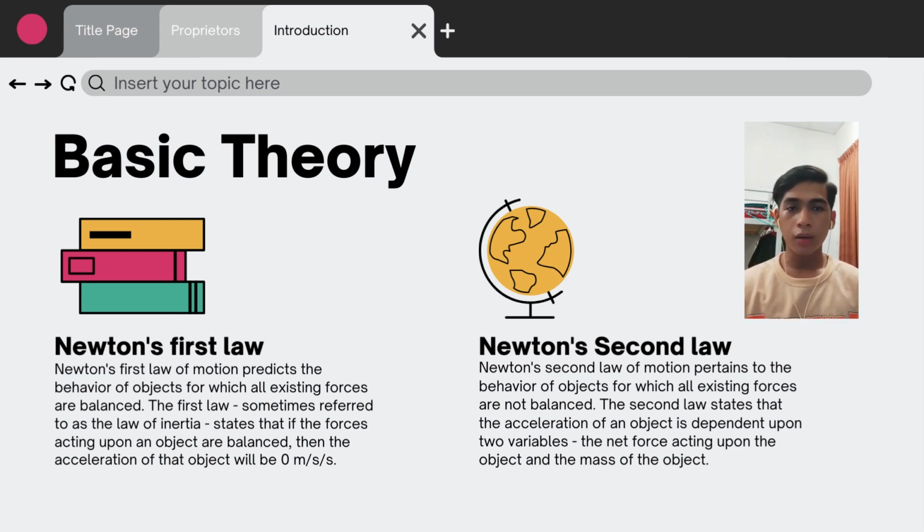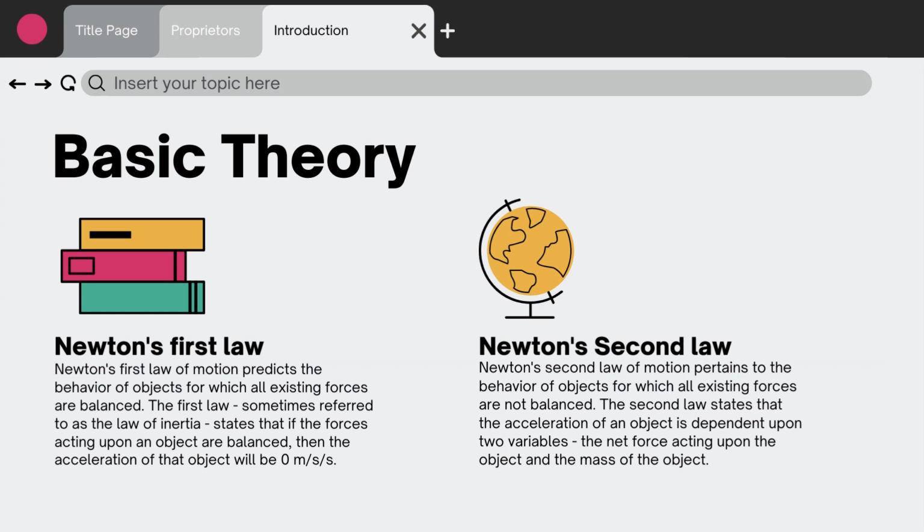The acceleration of an object depends directly upon the net force acting on the object and is inversely proportional to the mass of the object. As the force acting upon the object is increased, the acceleration of the object will also increase. As the mass of the object is increased, the acceleration will decrease.